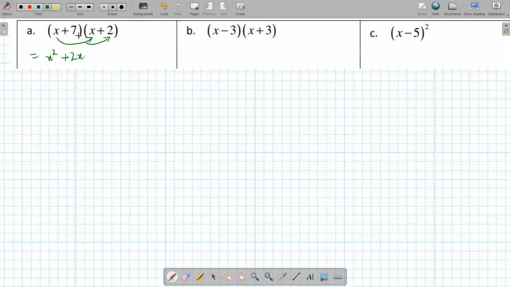But you're not done yet, because there are 2 terms in here. Then you gotta do 7 times x and 7 times 2. What is 7 times x? 7x. So plus 7x, and then 7 times 2 is plus 14. Are there any like terms in here?